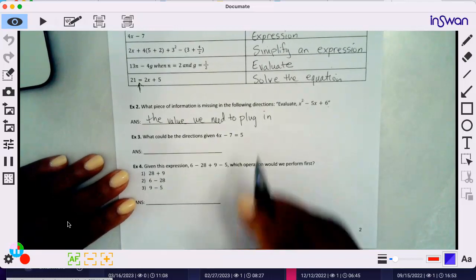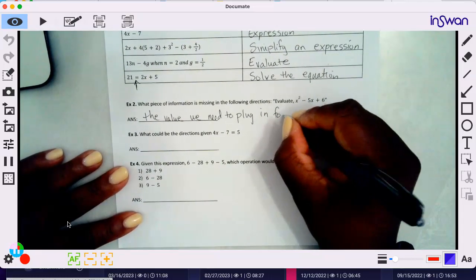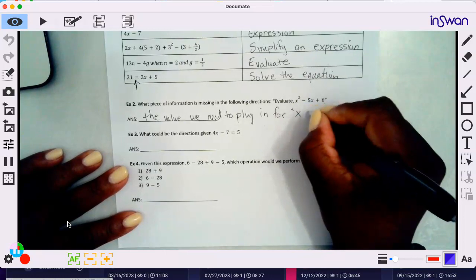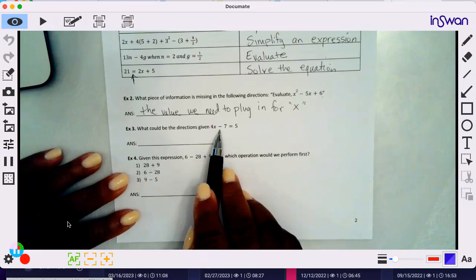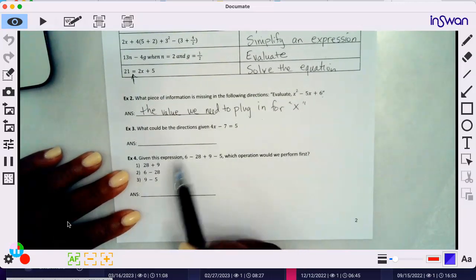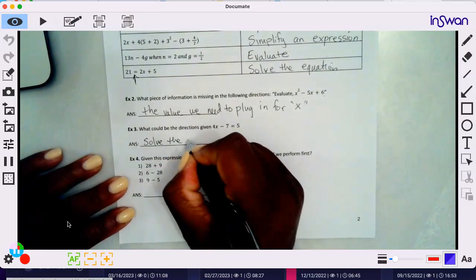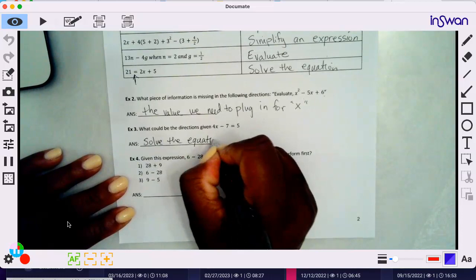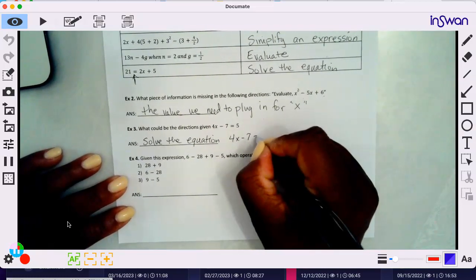The value needs to be able to plug in for x, okay? What could be the direction given when you have 4x minus 7 equals 5? We can look up here. If it's equal, we want to solve the equation. What equation do we want to solve? 4x minus 7 equals 5.